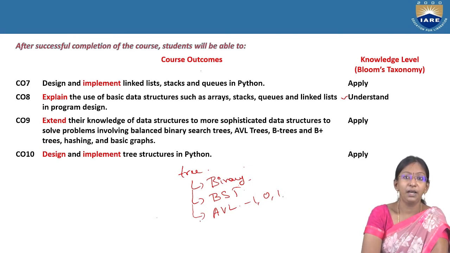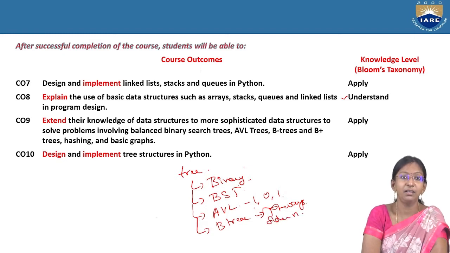That will be enhanced in your B trees, which are part and parcel of multi-way trees. A multi-way tree of order n can have n children and n minus 1 key values. That is, every node will have n minus 1 key values, right?